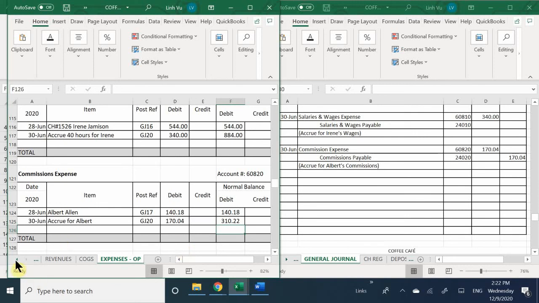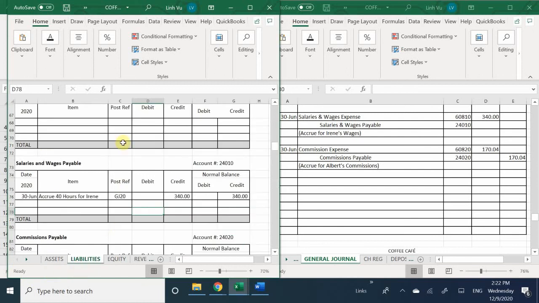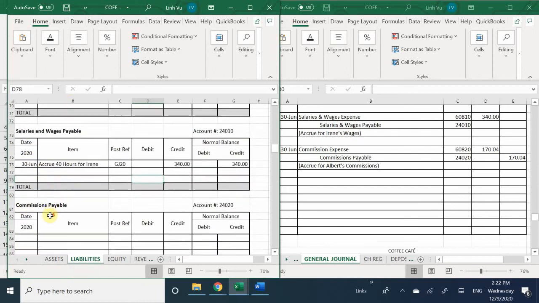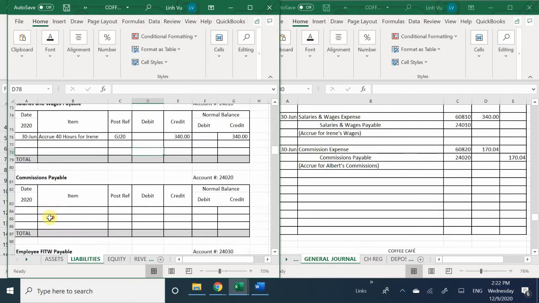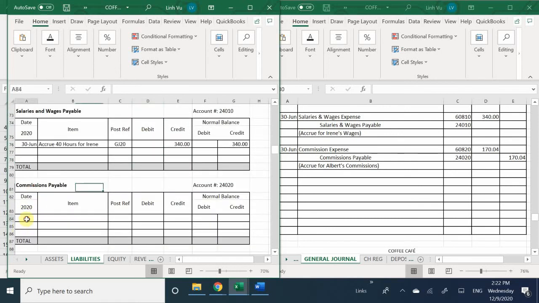Good. And then lastly, go to your liabilities and we're going to place under commissions payable. 630.